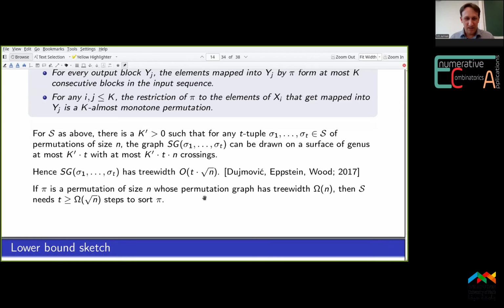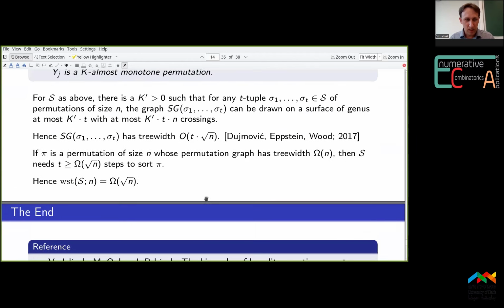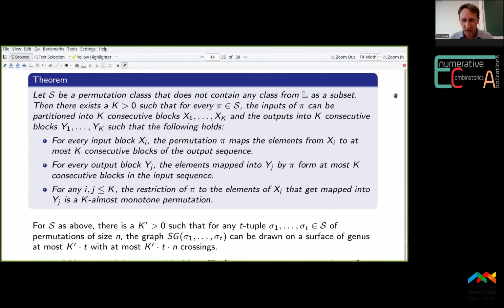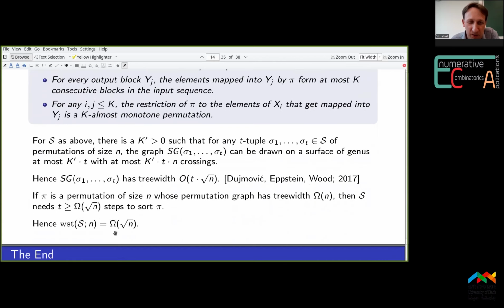Yeah, that's the reason why permutation classes that follow this structure theorem must have sorting time at least of order square root of n, and like I said, this is not known to be tight, and I frankly doubt this is tight.